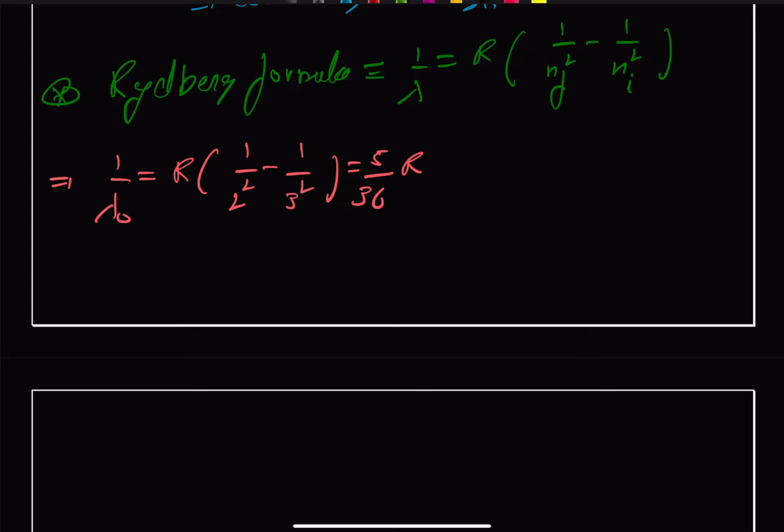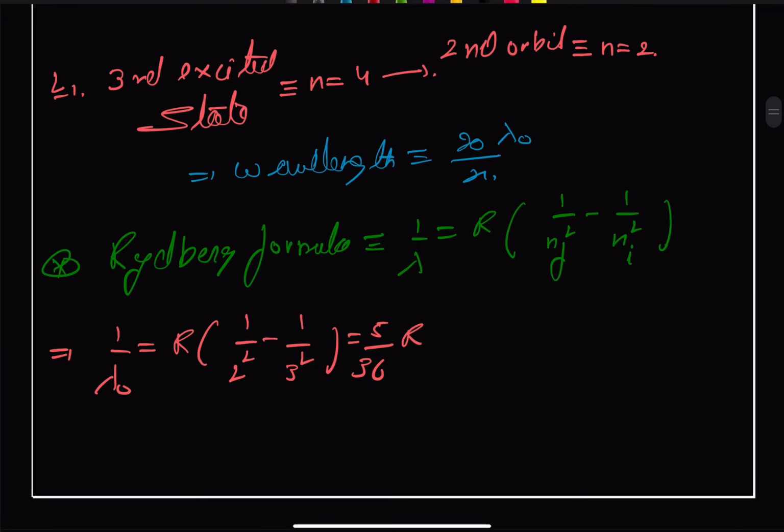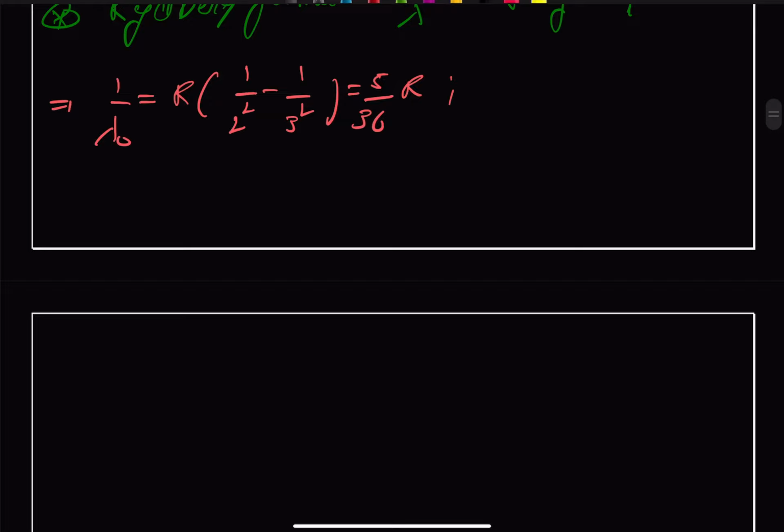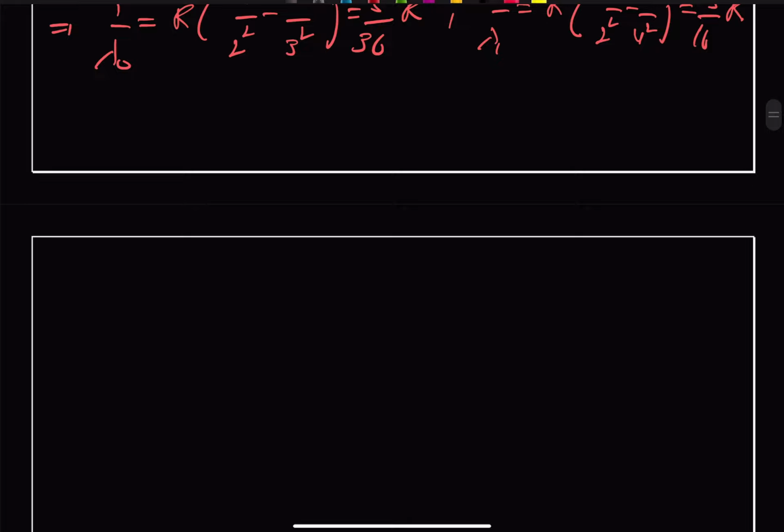And let us suppose that the second wavelength is our lambda 1. Later on we can convert into this lambda naught. So we get this as 1 upon lambda 1 is equal to r, and this comes 1 upon 2 square minus 1 upon 4 square, and this will be coming as 3 by 16 times r. And let's find out the ratio.